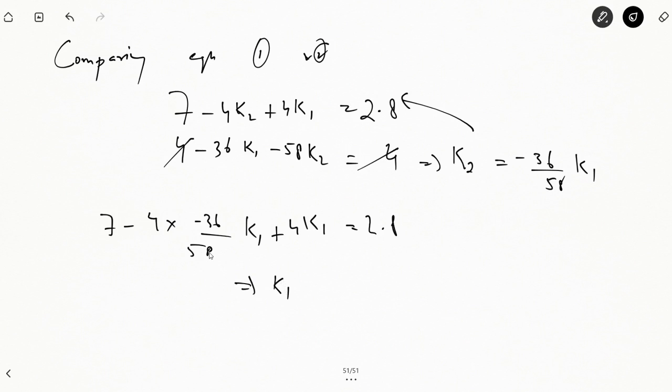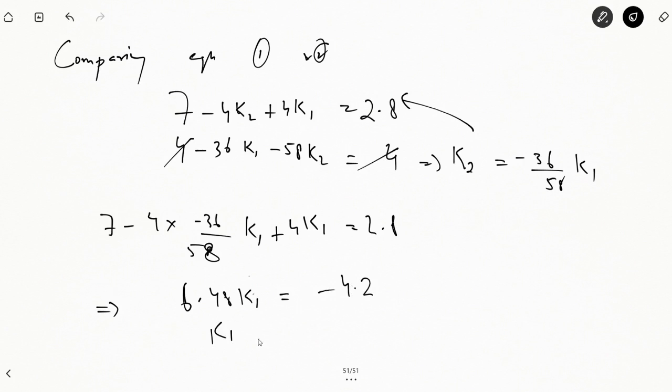k1 will be equal to 6.48 K1 is equal to 2.8 minus 7, that is equal to minus 4.2.